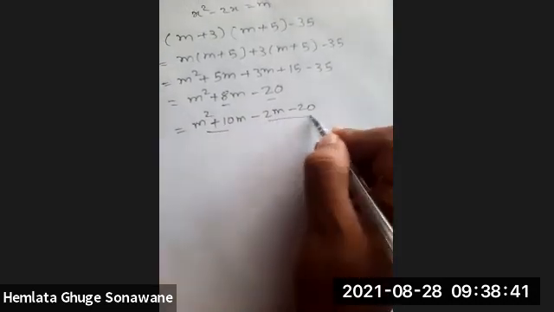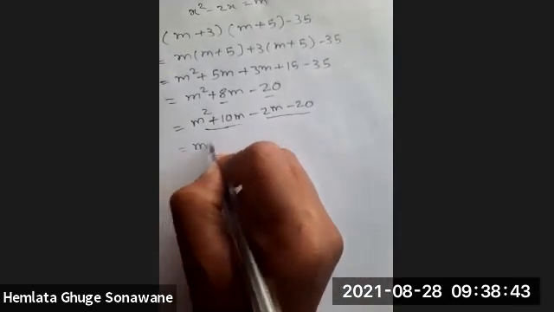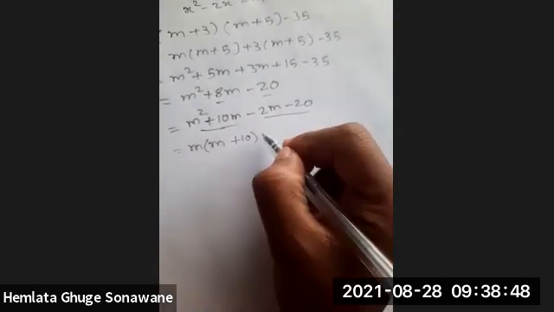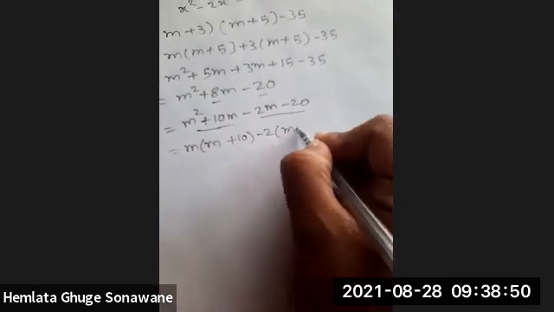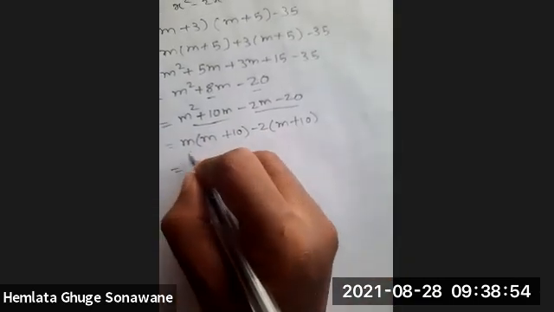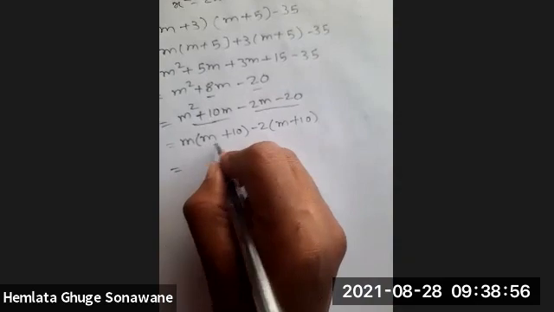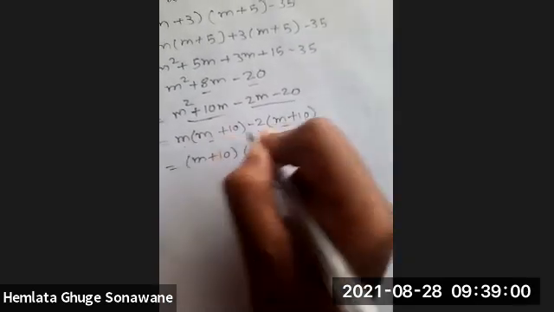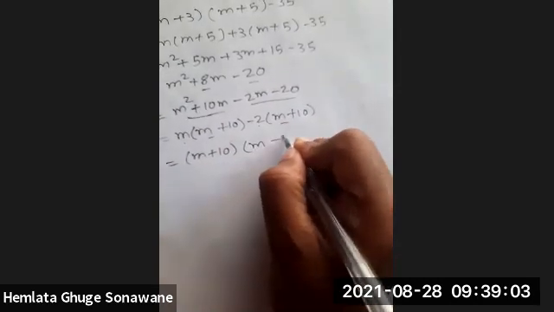Then we'll take m common from this, m plus 10. Here we'll take minus 2 so that m plus 10 remains. We'll write in this bracket m plus 10 and m minus 2.